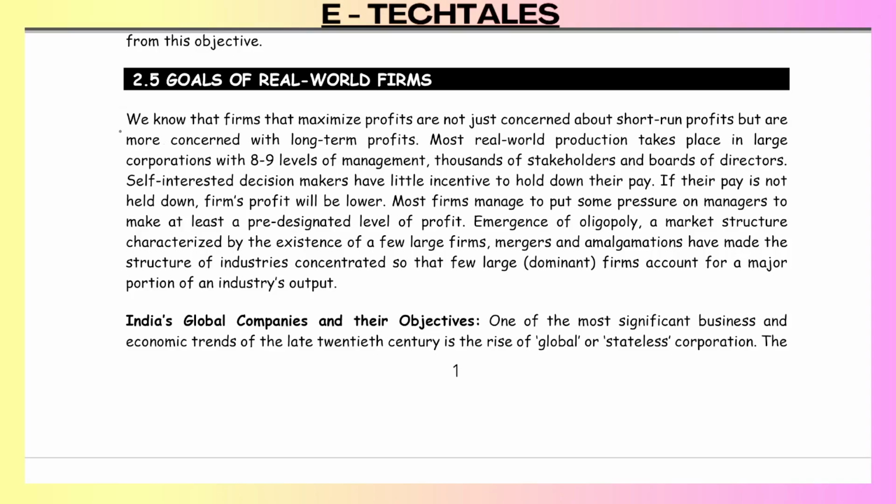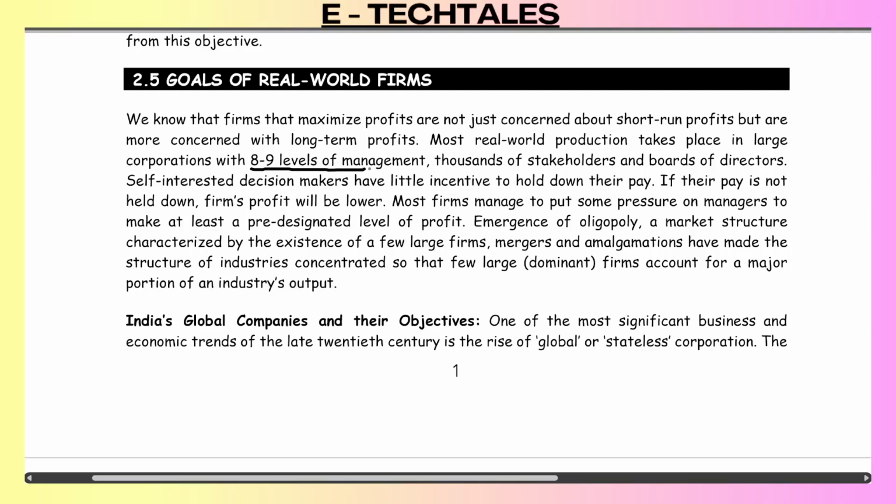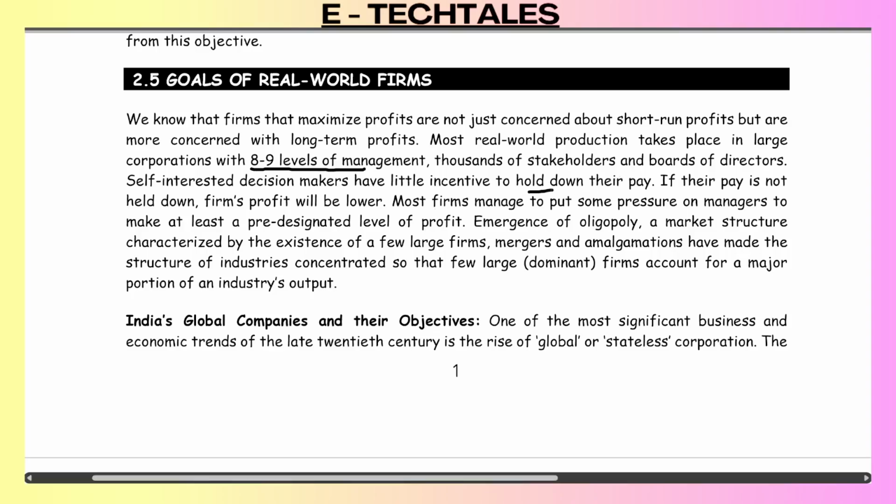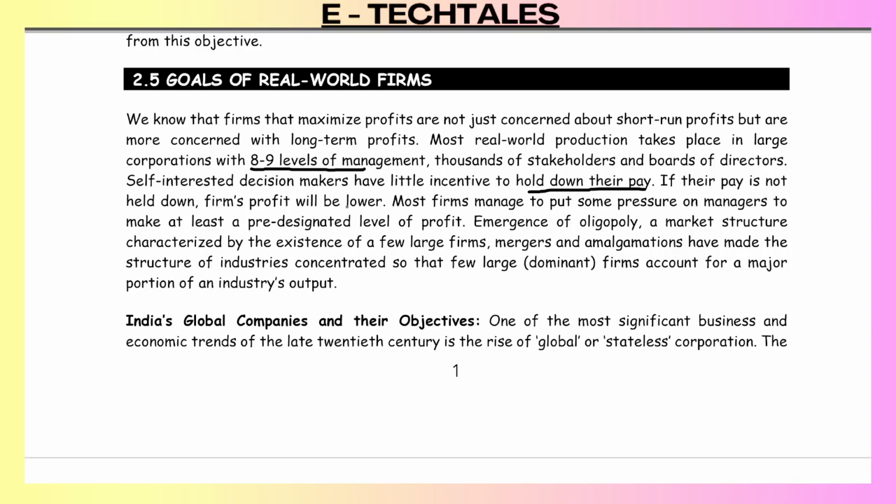In large corporations, they have multiple management levels that can go up to 8 or 9, and they have numerous stakeholders. They are uncountable, and there are boards of directors and decision makers. They may prioritize their own pay first, because they are potentially impacting the firm's profitability.